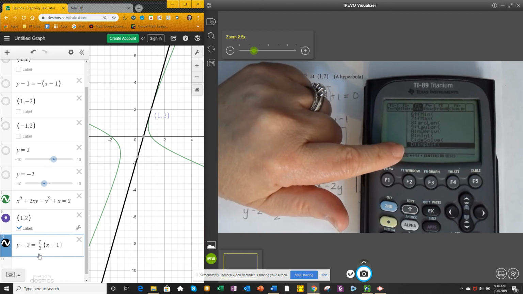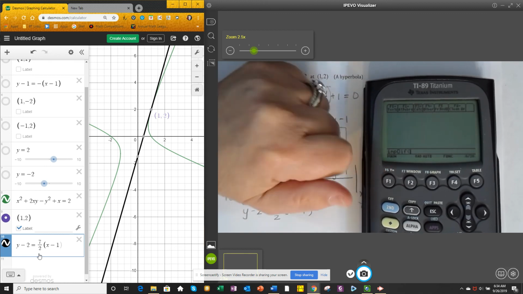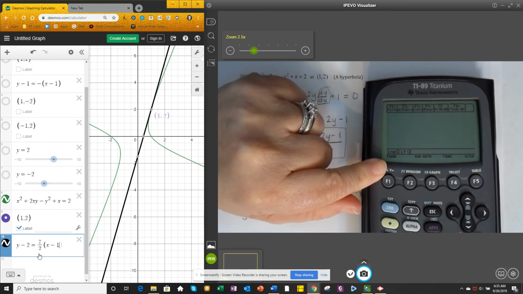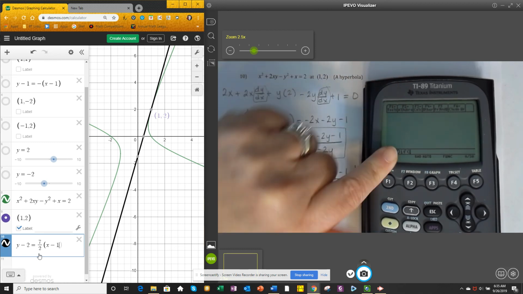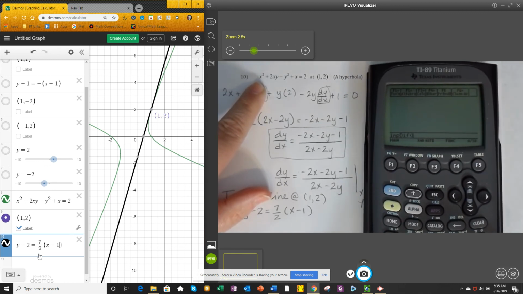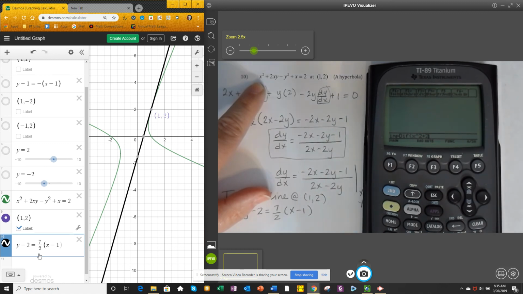And I dare the 84 to do that. You know how I say that all the time, and I actually love it. Okay, so what happens when you press that key is you get impdiff, and then we're going to type our equation in here, the one for our hyperbola, and we're going to go x to the second plus 2x. Now this is critical right here. These two are being multiplied, the x and the y.